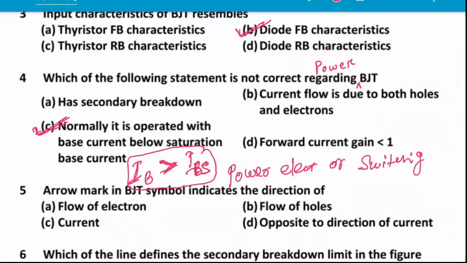In case of amplifying, this may be smaller than the saturation current, but in case of power electronics operation, this is always greater. So this is a wrong statement. The question is asking for not correct, so this is not correct: normally it is operated with base current below saturation current. This is always above the saturation current, not below. And options A, B and D are correct.